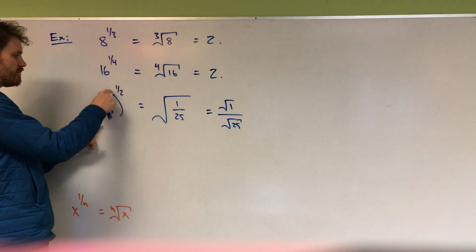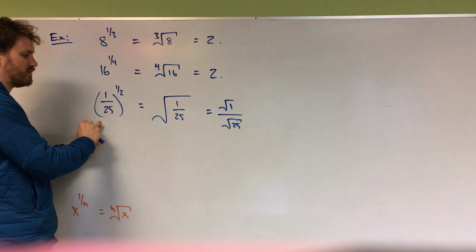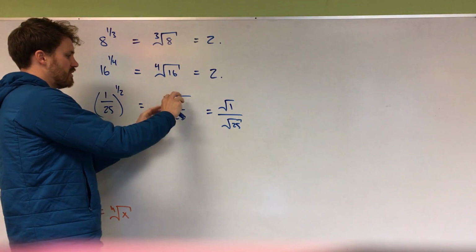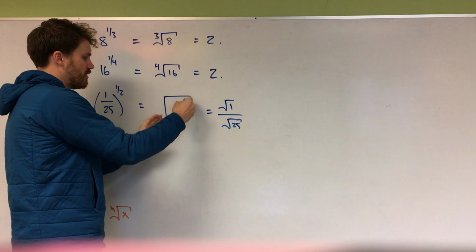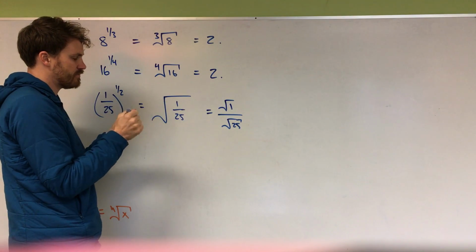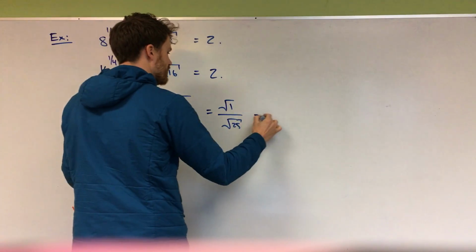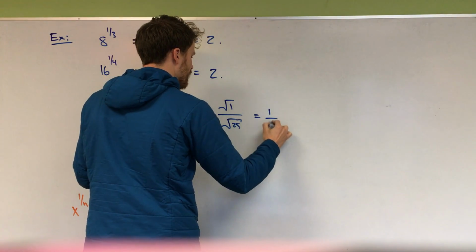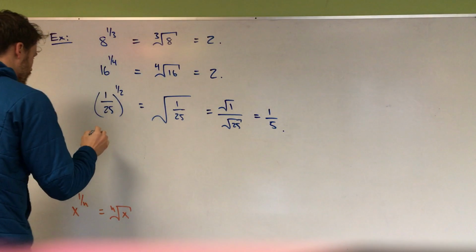I know it's the square root because 1/2 power and the square root are the same thing. The square root of a quotient is the same as the quotient of the square roots. And now I know that the square root of 1 is 1, and the square root of 25 is 5, so I can get 1/5.